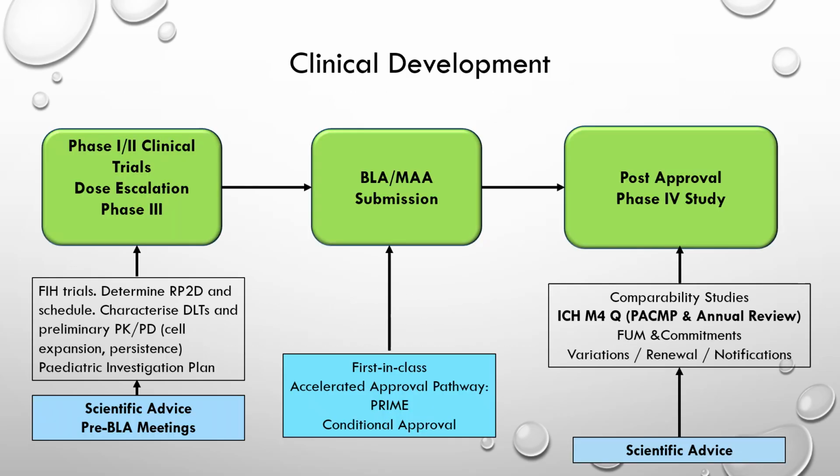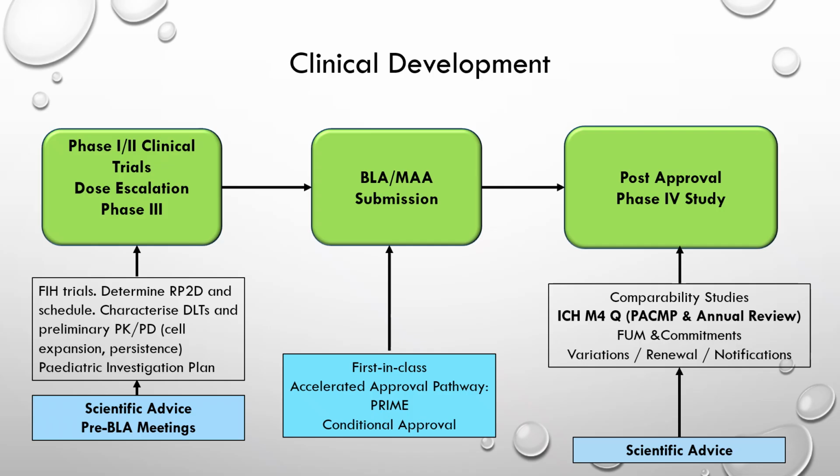I think the only thing that I wanted to talk about in this slide, because this is a carryover from the previous presentation, is the implementation of the ICH M4Q quality part aspects and the post-approval change management protocol and annual review requirements post-approval.